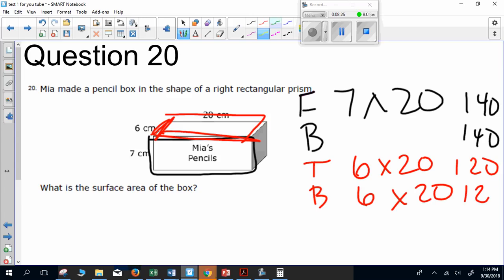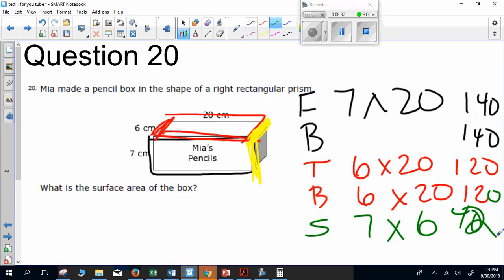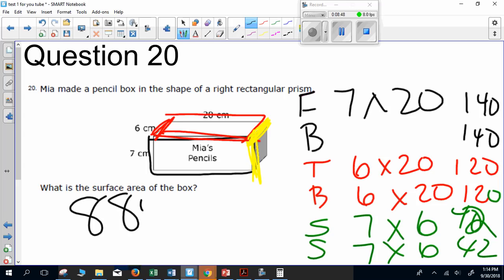And then I look at this end bit, and that's 7, and that's 6. So the side is 7 times 6, or 42. And then the other side is 7 by 6, or 42. So when I put it all together, that's 884 square centimeters.